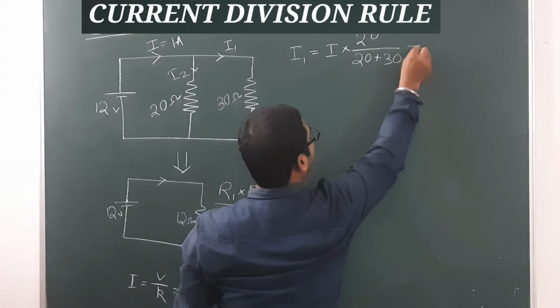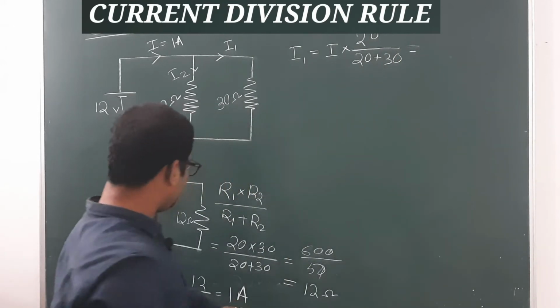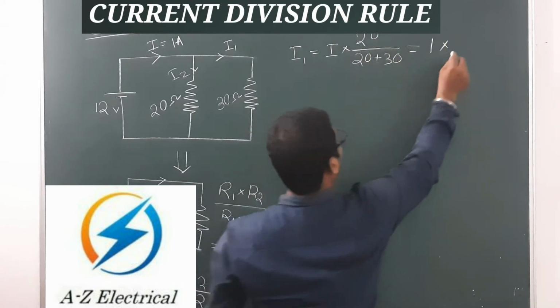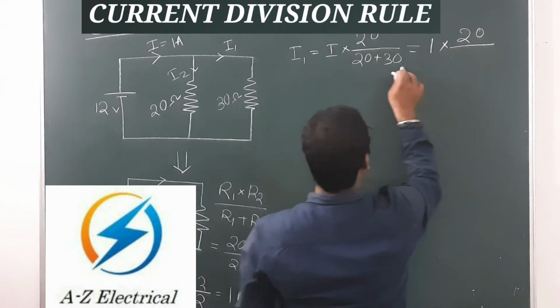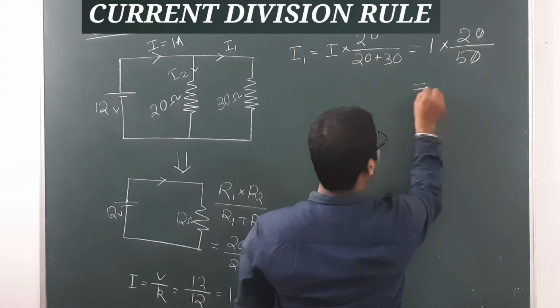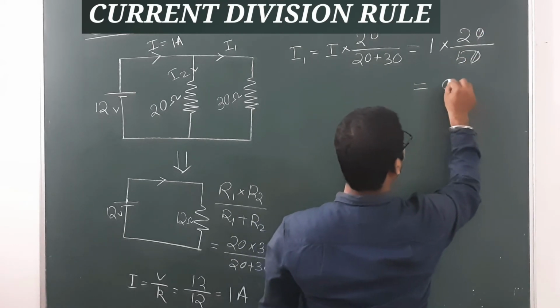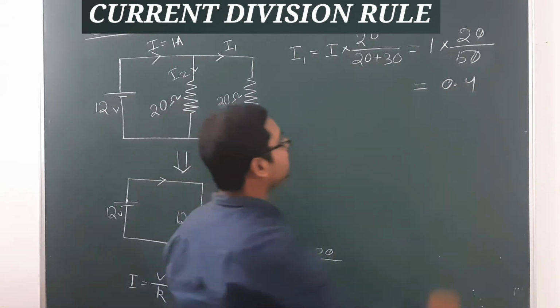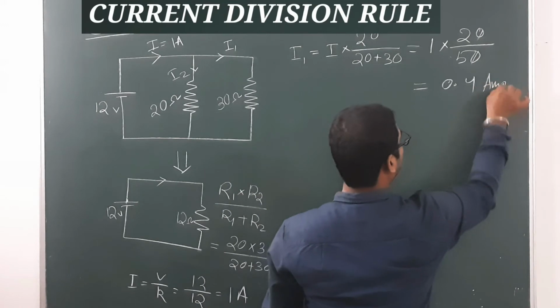So 1 into 20 divided by 50 is 2 by 5, which is 0.4 ampere.